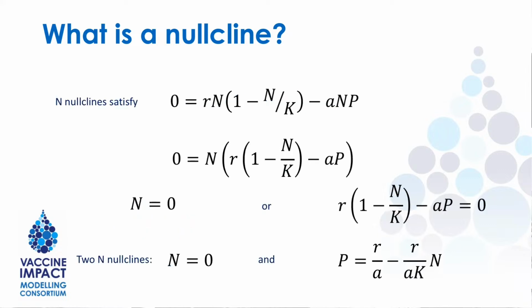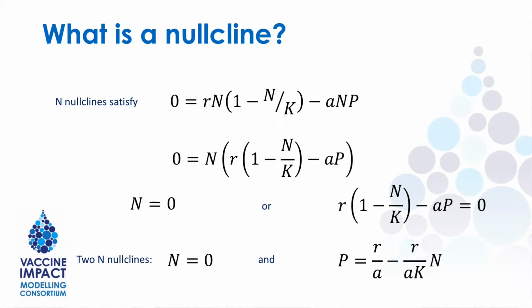So we can say, okay, let's start with our prey population. We're wondering what conditions need to be met for our derivative to be equal to 0. So we set our differential equation equal to 0. We factorize. If we've got an n outside, then n equals 0 is a solution. That's one solution straight up.